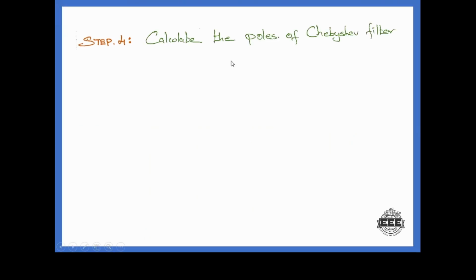That's the fourth step. The fourth step is to determine the poles of your Chebyshev filter. To determine the poles, the formula shown here is S suffix k equal to A into cos pi k plus j into B sin pi k. That is the real part and imaginary part present here.